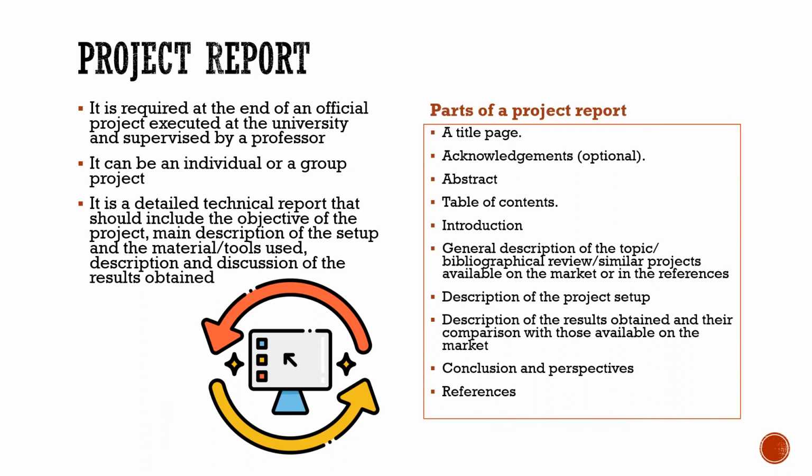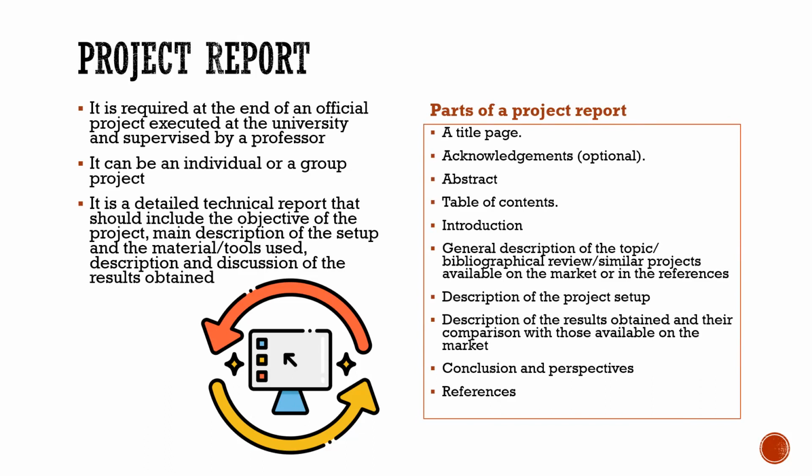And the different parts of a project report are a title page, optional acknowledgements, abstract, table of contents, introduction, then a general description of the topic, a bibliographical review of similar projects that are either available on the market or you have found in references, then the description of your own project setup, the material, whatever you did.